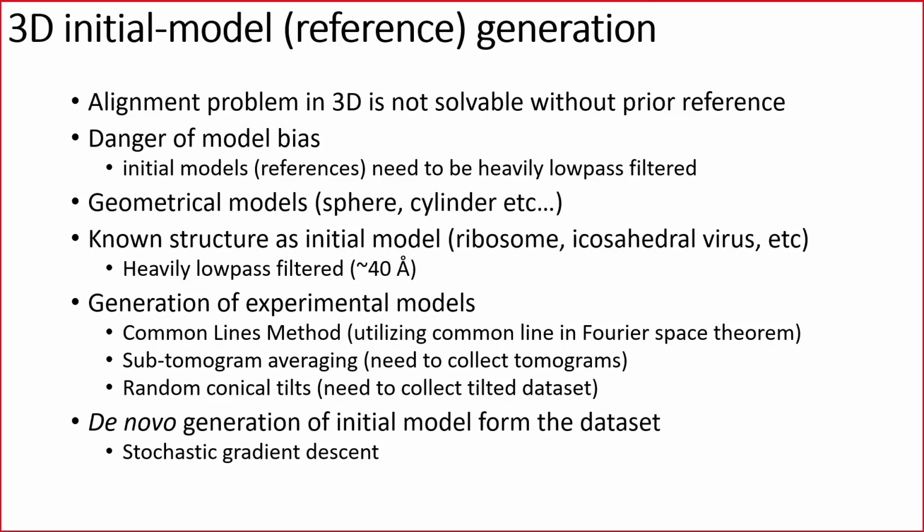And then there is a quite new method of stochastic gradient descent optimization of the problem. And this, I would say, was one of the breakthroughs for initial model generation, because usually these common line methods and random conical tilts were not giving very satisfying results.